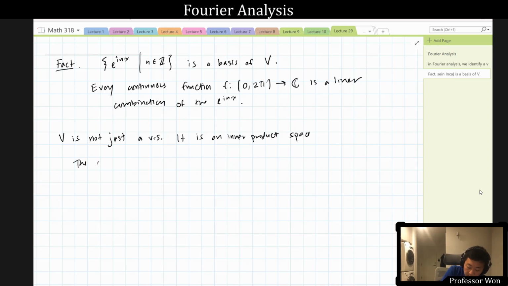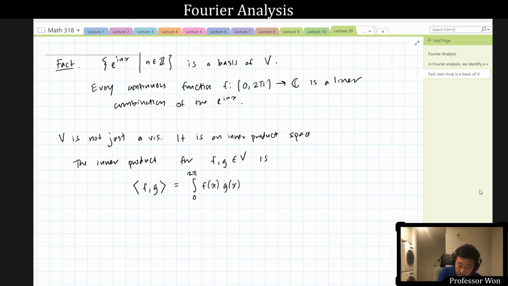The inner product for two functions f and g living in V is defined as, so this is the notation we use for inner product in general, this is how you take the inner product of two functions. What you do is you integrate from 0 to 2 pi f of x times g of x bar dx. Okay, I'm realizing that since I chose 0 to 2 pi, this disagrees a little bit with the notes.